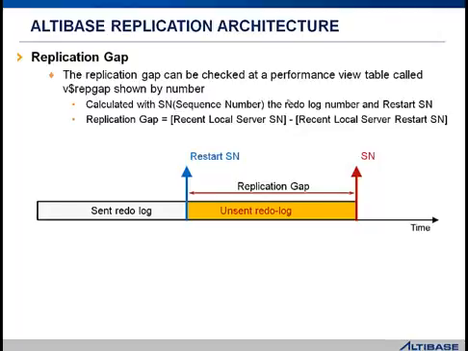The replication gap is equal to the most recent LSN made from the local server, minus the sequence number of the most recent xlog that is sent, the restart LSN.